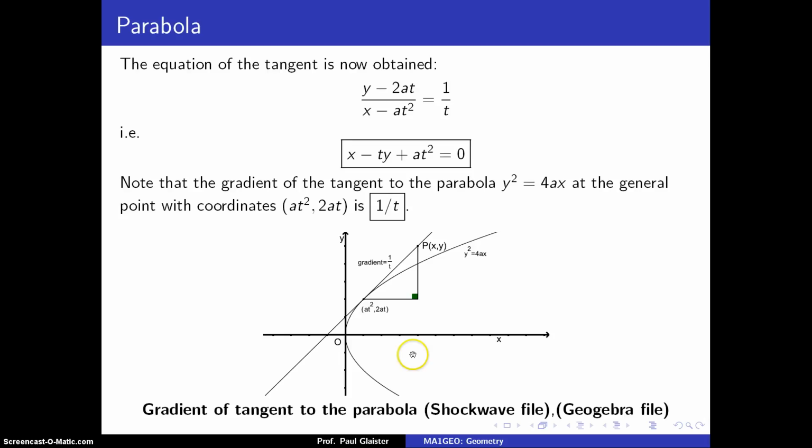So first of all, because we know the gradient of the tangent is 1 over t, but because we also know that the line segment from the point to P has gradient which is y minus 2at over x minus at squared, then these two things are equal, and on rearrangement we get this standard equation in the box that we will use many times, which says that the equation of the straight line for the tangent at the point (at squared, 2at) on the parabola is x minus ty plus at squared equals 0.